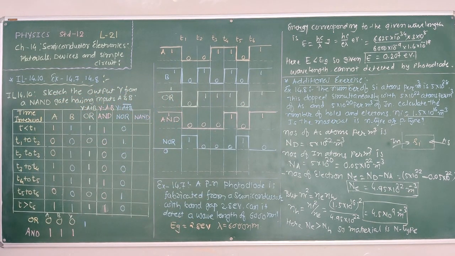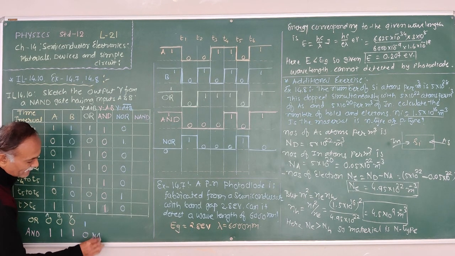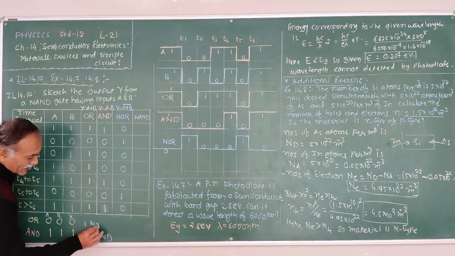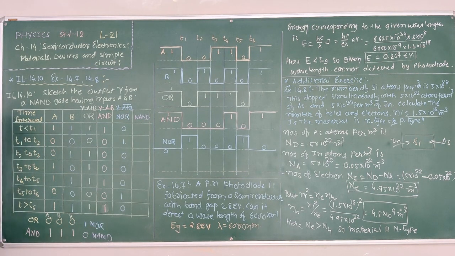Now for the NAND gate. The NAND gate has the characteristic that if both inputs are 1, output is 0. Output is 0 for the NAND gate and 1 for the NOR gate. Again, if both inputs are 1, output is 0 for the NAND gate. So keep in mind this characteristic.